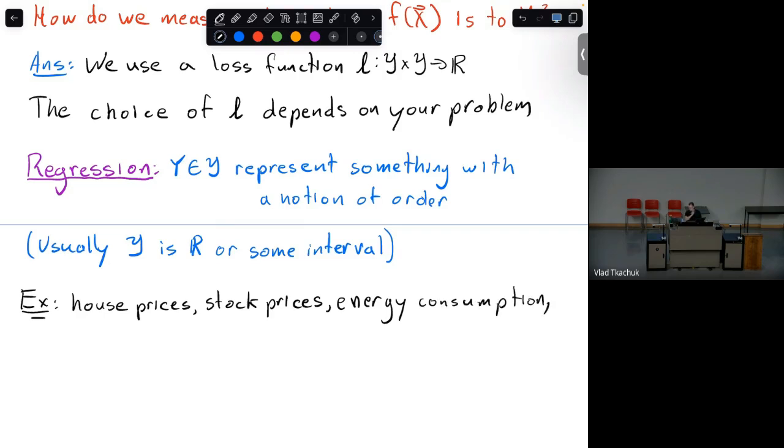Or I'll give one more, which is weather prediction. You're trying to predict maybe the temperature, right? So this is to really point out that you can almost frame any problem where you want to predict something as one of these, or the other one, which is classification.